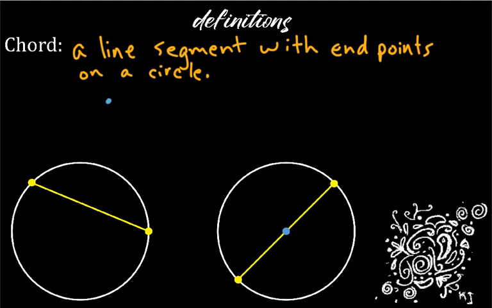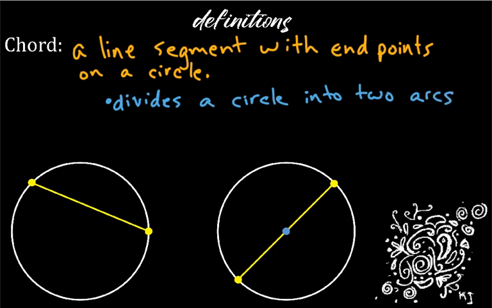The first one is that a chord divides a circle into two arcs. And that's always true.